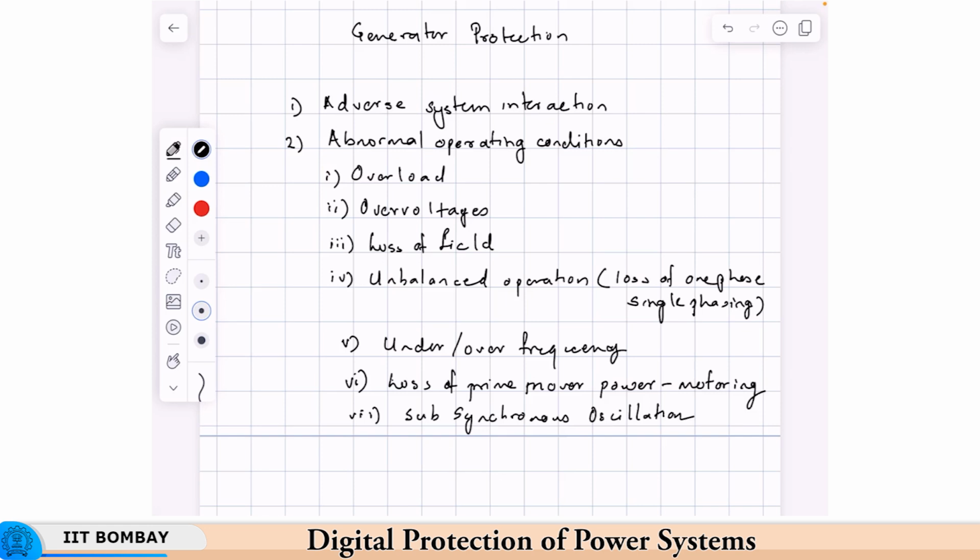Those are more mechanical type of relays which detect the torsional vibration. So, they are torsional relays, and unless the generator is very large or there are some very specific instances, or by simulations it is determined that there are subsynchronous oscillations, those are not provided. So, though we have listed it, we will not discuss it in this.